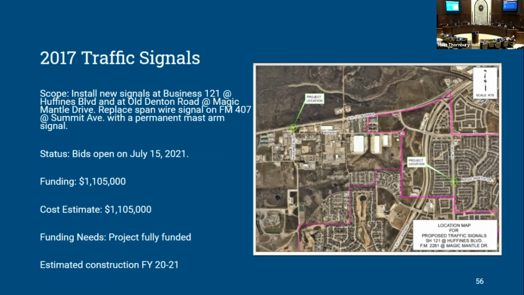2017 traffic signals, we've got 3 locations with this project. 2 of them are on this map. One is at Magic Mantle and Old Denton Road. The other signal on this map is Huffines Boulevard and Business 121.